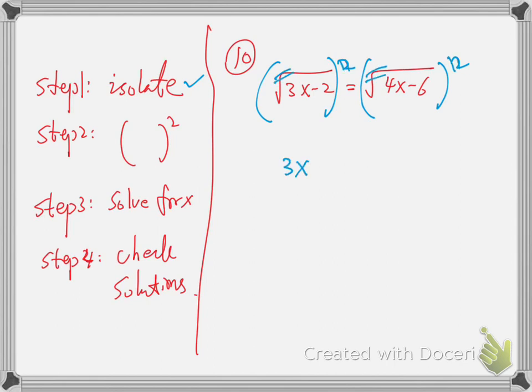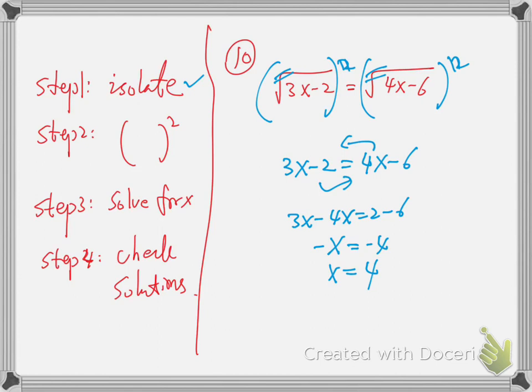So we got 3x minus 2 equals 4x minus 6. Now let's move terms: negative 2 goes this way, 4x goes that way. So 3x minus 4x is 2 minus 6. So negative x is negative 4, divided by negative 1, x is 4. And then we have to check this number 4.